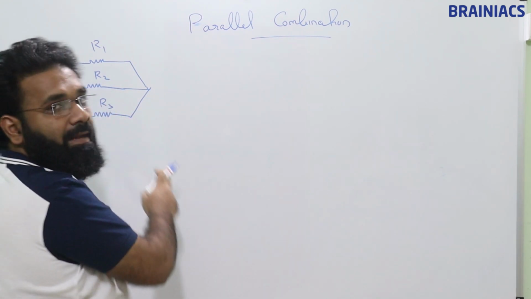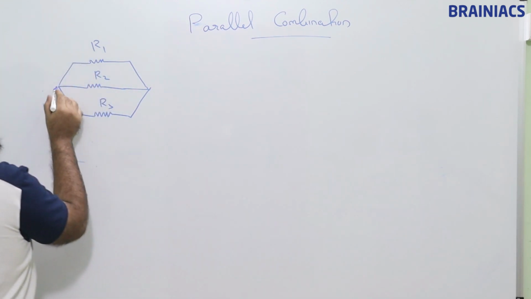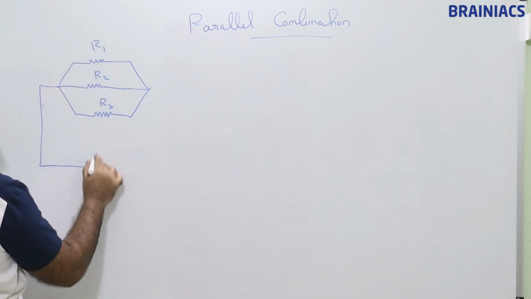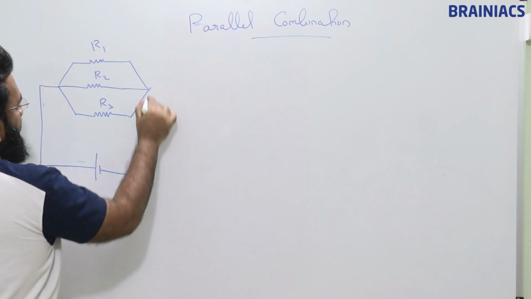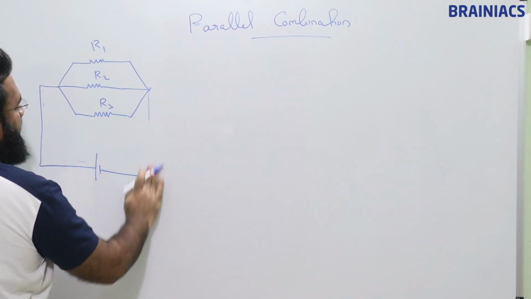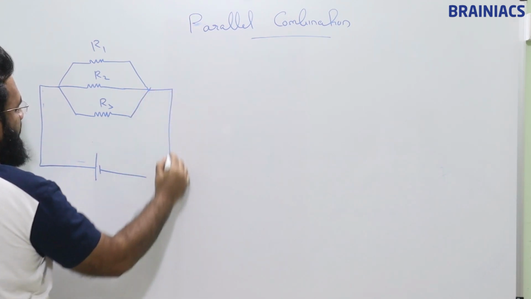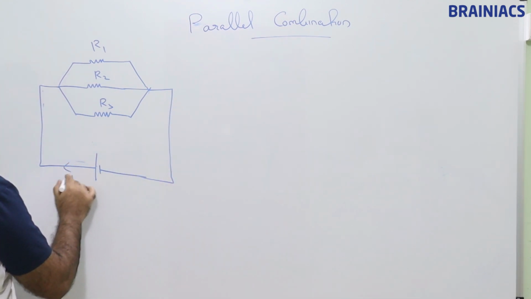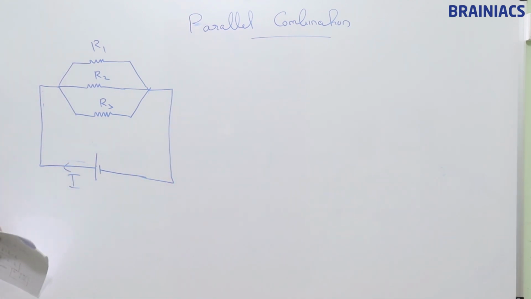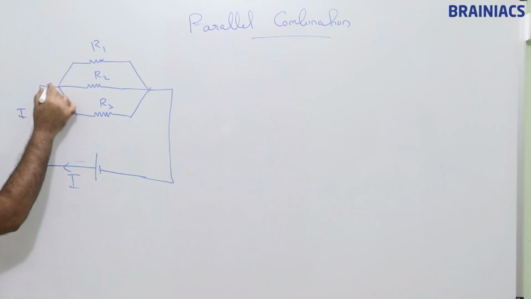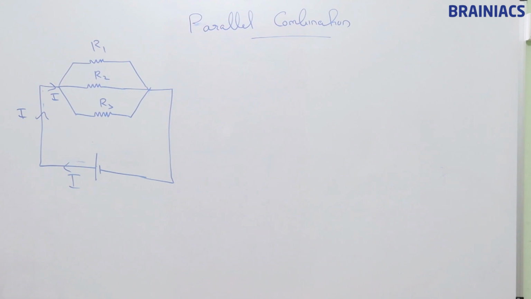This is called a parallel combination. Now if this parallel combination is connected to a voltage source or a battery, current I will be flowing like this. Once the current reaches here, current will be divided.